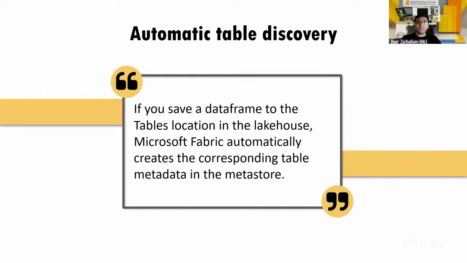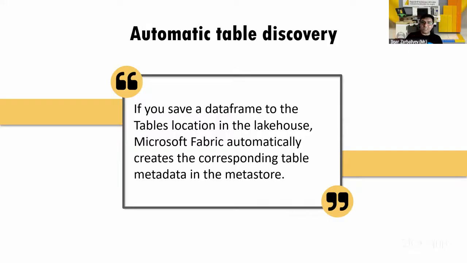Here is a small but very handy piece of behavior that is easy to miss. If you use a technique we just saw, writing a data frame with save rather than save as table, but you point that right at the table's location in the Lakehouse, Microsoft Fabric applies an automatic table discovery capability. It notices the data folder and creates the corresponding table metadata in the metastore for you.